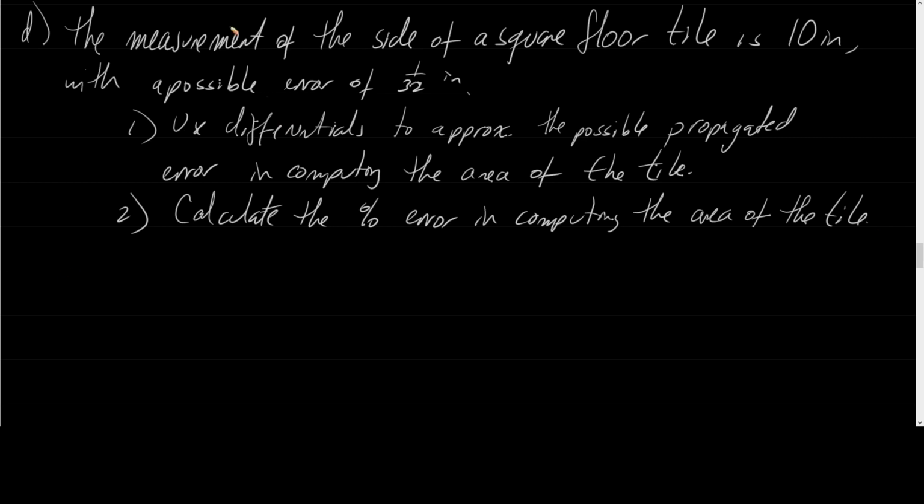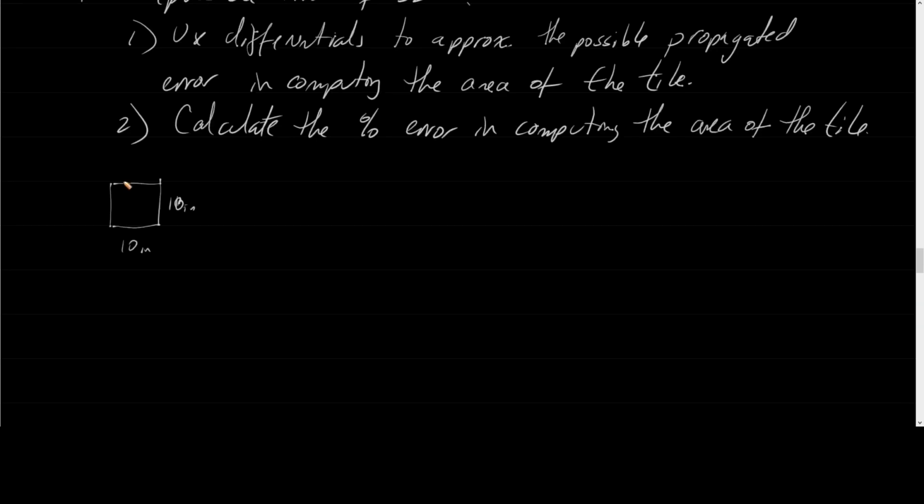All right, so what do we have here? We've got some tile, and we measure this to be 10 inches and this to be 10 inches as well. It's a square tile. So this is 10 inches, but we're 1/32 of an inch off. So the question is, if I wanted to figure out the area of this tile, how off would I be?